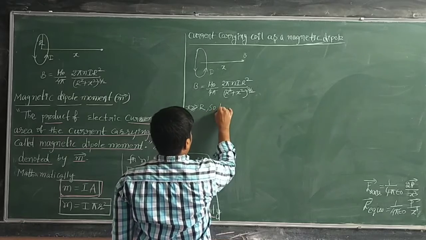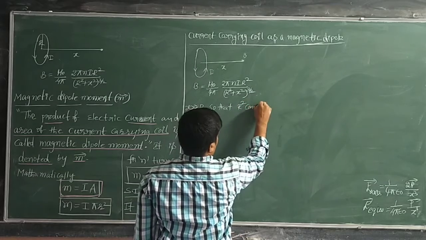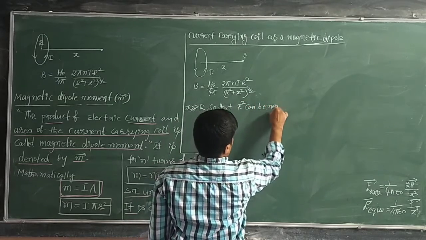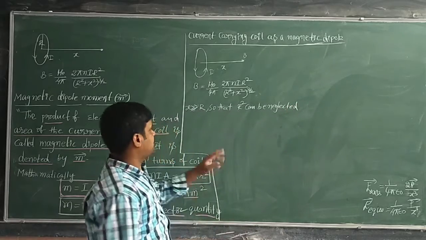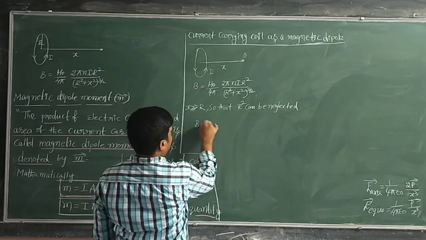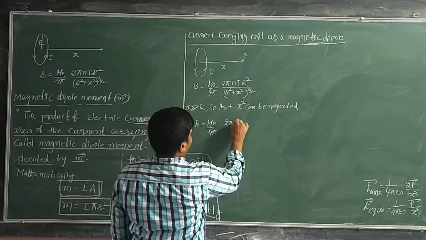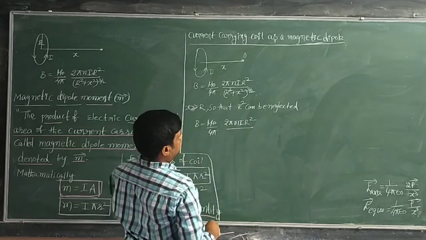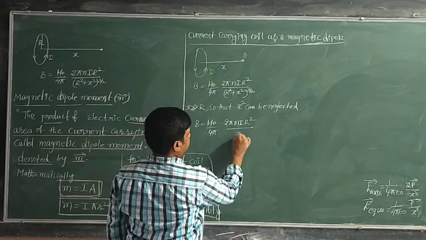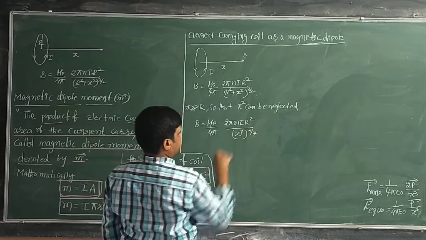In which one can r square be neglected? In the denominator. So B is equal to mu naught by 4 pi into 2 pi n I r square divided by x square whole power 3 by 2. The 2 cancels.